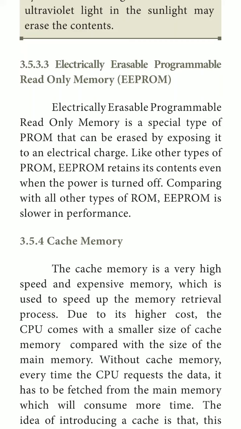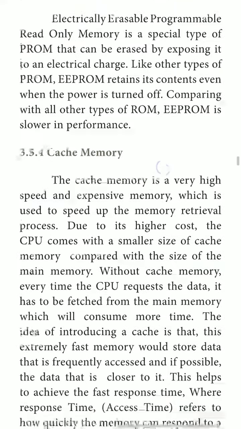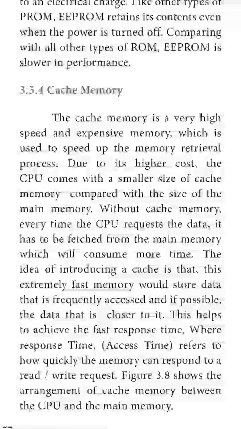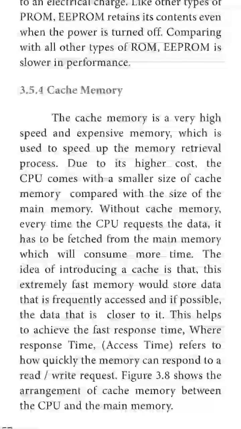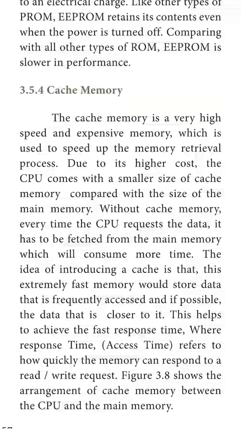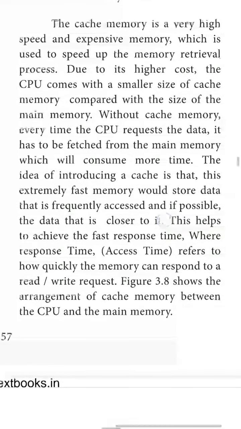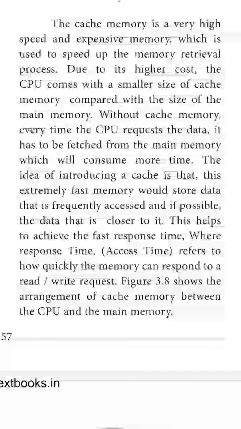Next is cache memory. Cache memory is a very high speed and expensive memory which is used to speed up the memory retrieval process. Due to its high cost, the CPU comes with a smaller size of cache memory compared with the size of main memory. Without cache memory, every time the CPU requests data, it has to fetch it from the main memory, which will consume more time.